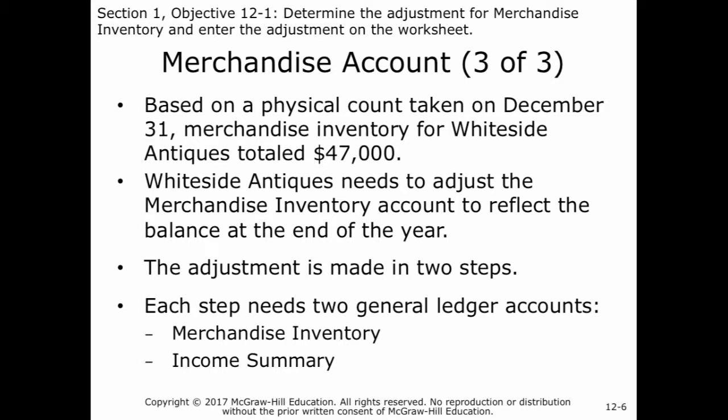This second step records the amount of the inventory on the books. So basically, what we are doing is moving the entire beginning inventory to the income summary account, which is step 1, and then only moving back the ending inventory to merchandise inventory, which is step 2.